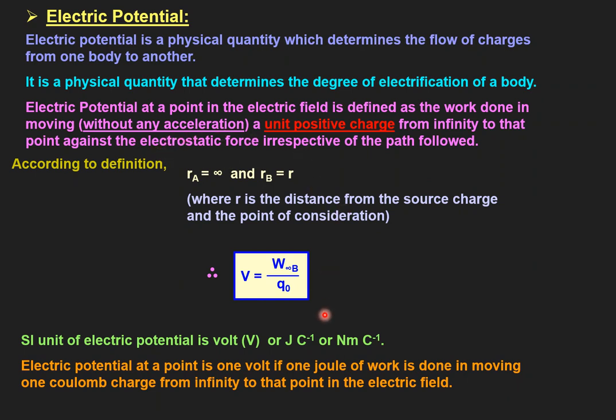In this way we can define 1 volt of electric potential: 1 joule of work done in moving 1 coulomb of charge from infinity to that point in the presence of an electric field.